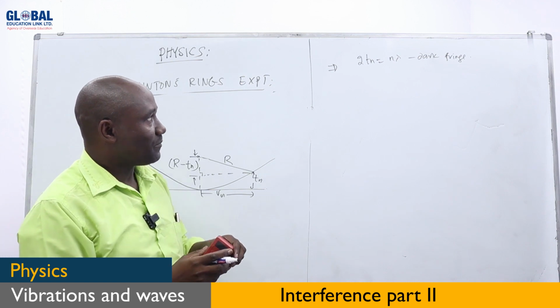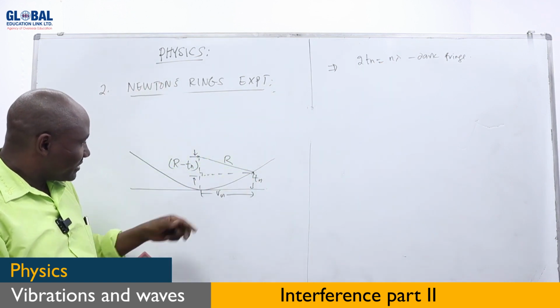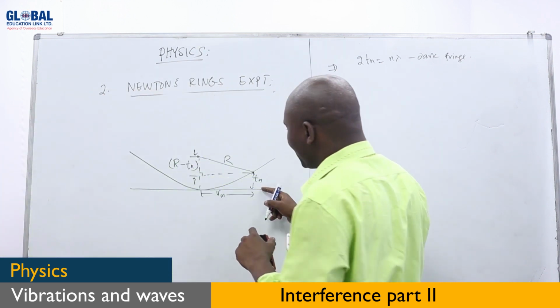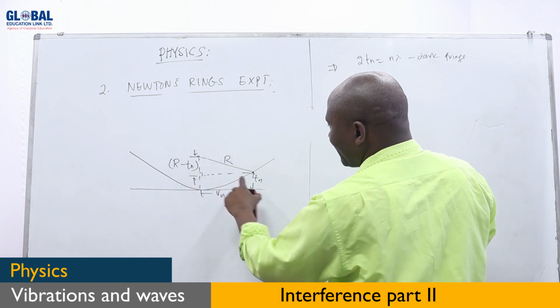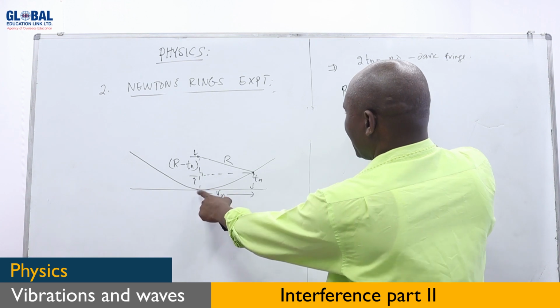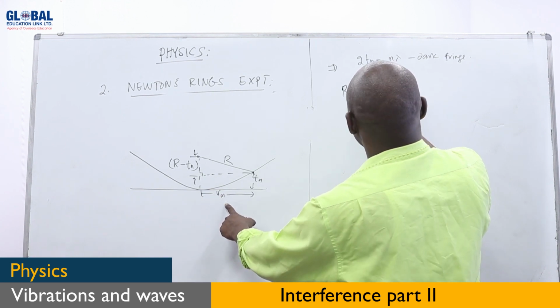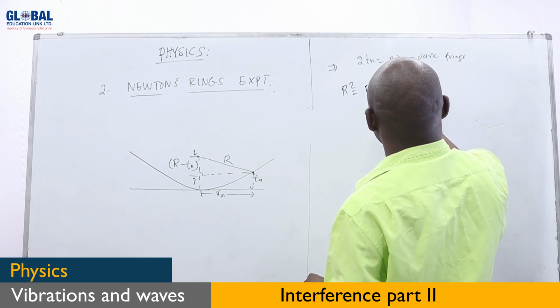So in the air wedge, we used that concept for dark ring. But here, with the thickness in between, this is the radius of the ring, so use this part of the triangle which is formed here. So R squared equals this length here, the radius Rn squared, plus (R minus Tn) squared.